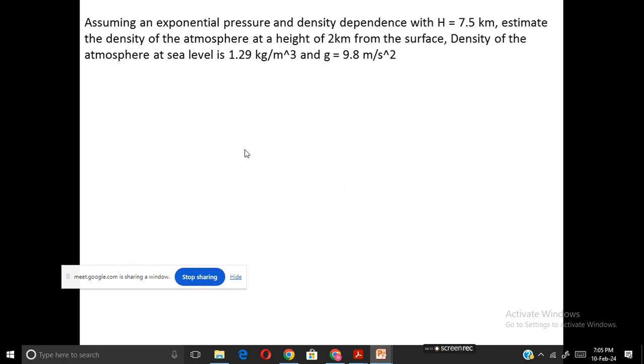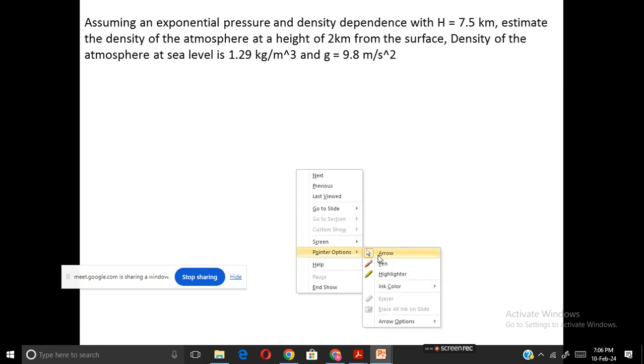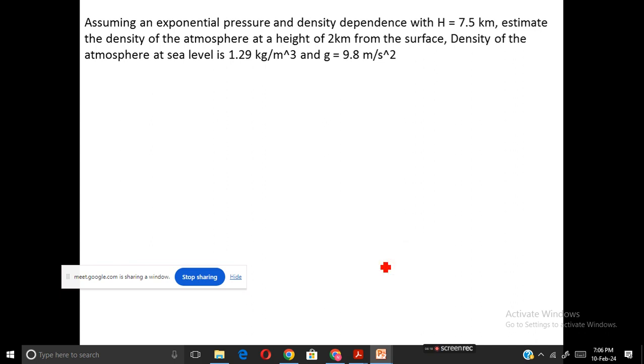Now let's move on to a problem. Assume that both pressure and density have an exponential decrease with respect to height, and the scale height is given as 7.5 kilometer. The question is to estimate the density of the atmosphere at a height of 2 kilometer from the surface.